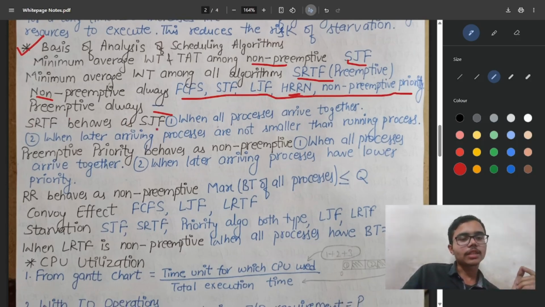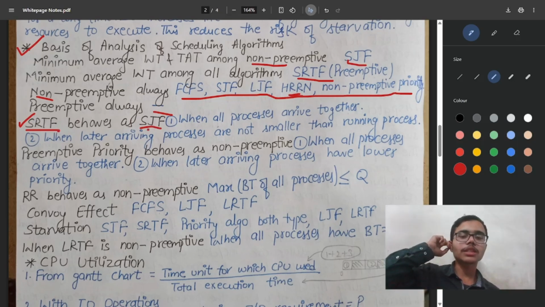SRTF behaving as SJF is an important point. There are two conditions when the preemptive SRTF behaves as the non-preemptive SJF. The first is when all processes arrive together.